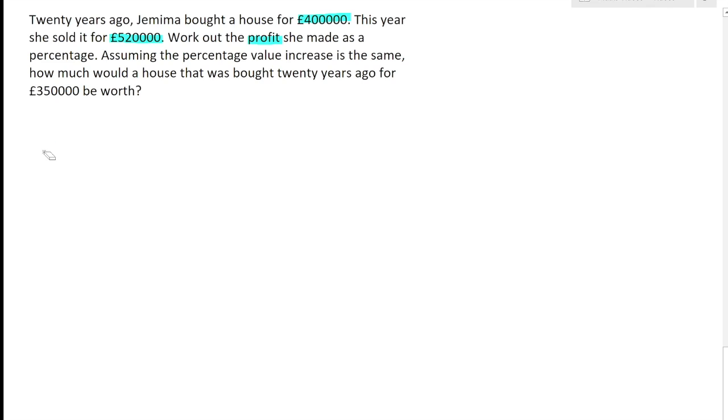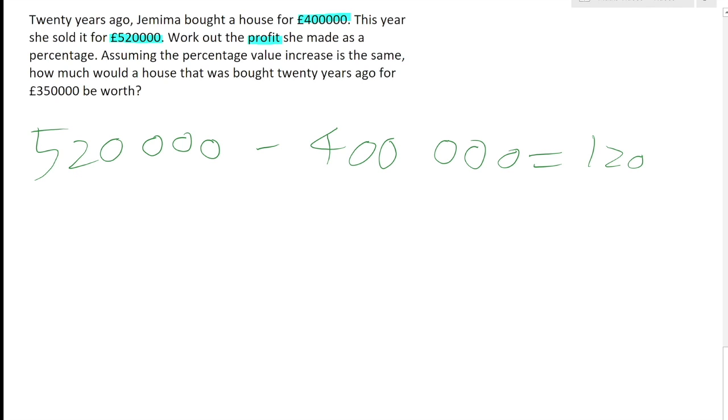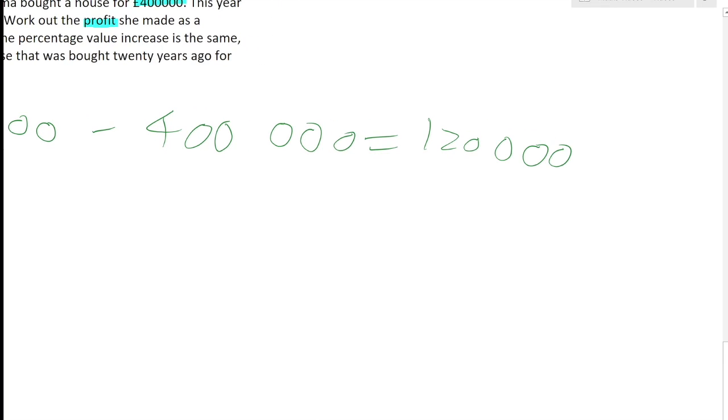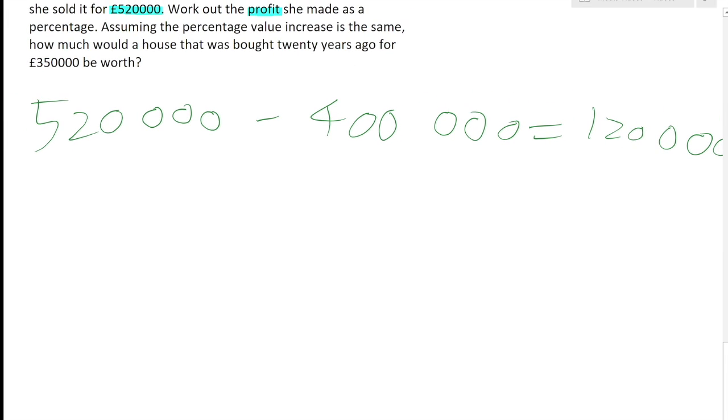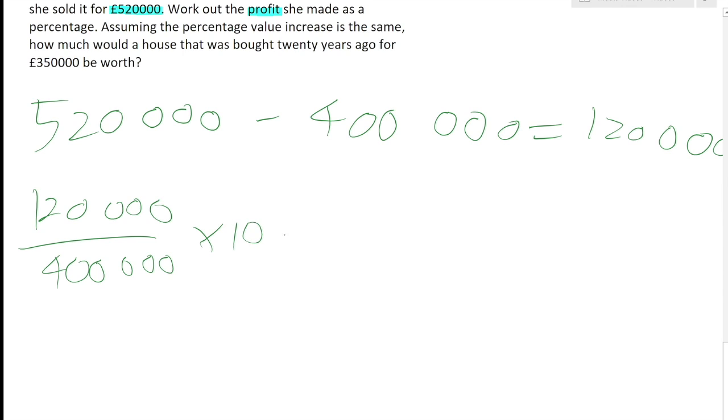Well, we've got 520,000 minus 400,000, which is 120,000. 120,000 as a percentage of 400,000 is, if you work it out, oh sorry, I forgot the times 100, otherwise that's a decimal, not a percentage. You'll find this is equal to 30%. And as we know, that's a 30% increase.